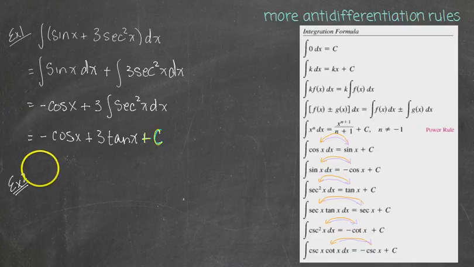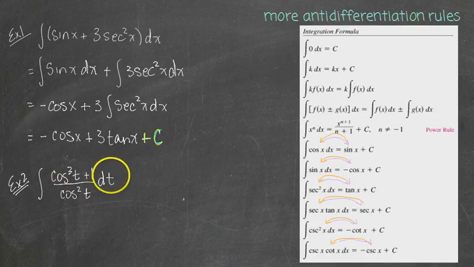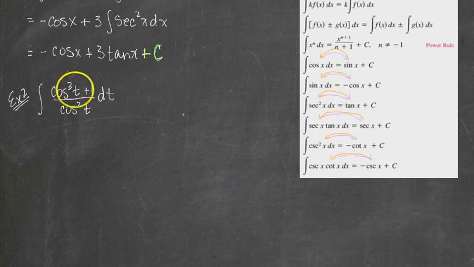Let's find the antiderivative of cos cubed t plus 1 over cos squared t. And so, of course, now it's with respect to t, so it's dt in our formula. So to find the antiderivative, first let's clean this up a little bit, because it looks like we have a denominator with 2 different parts in the numerator.